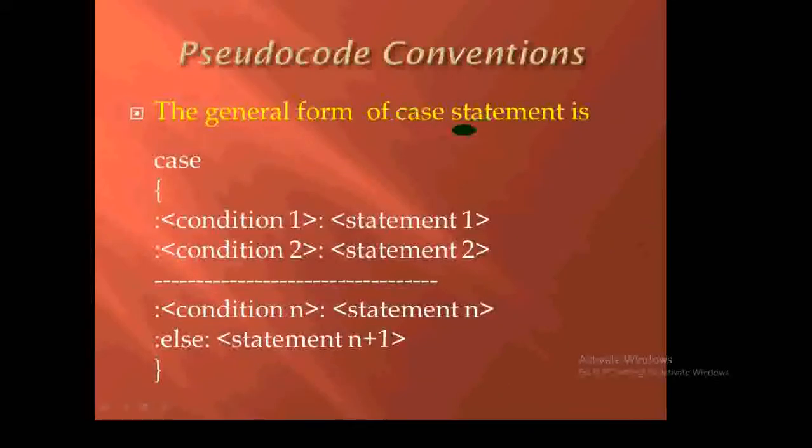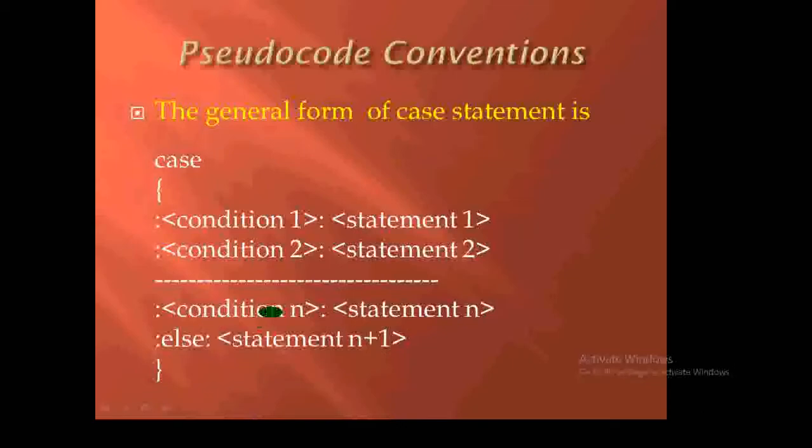The general form of the case statement. This case statement is similar to a switch statement in your programming language. Case: we write the condition, and when this condition is matched, we write the statements to be executed. Next, condition 2 and its related set of statements, condition n and its related set of statements.